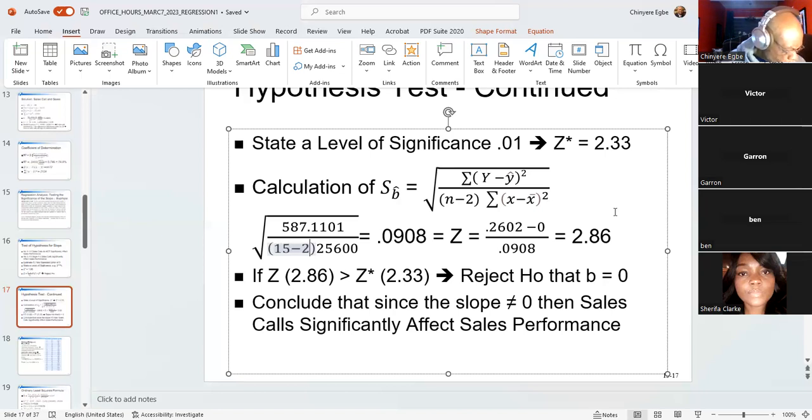I'm not sure if this is right. I got 0.042. Yeah, 0.042001820. I got the same. All right, I'm glad. Got the same thing? Okay, 0.042.